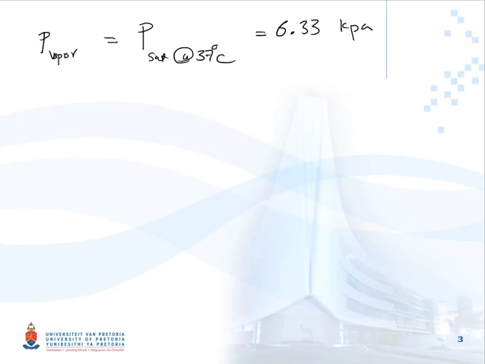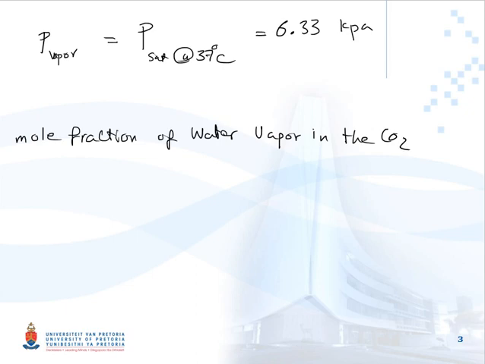Assuming both carbon dioxide and vapor to be ideal gases, the mole fraction of water vapor in the carbon dioxide gas we can find like this: y vapor is equal to P vapor divided by P total.